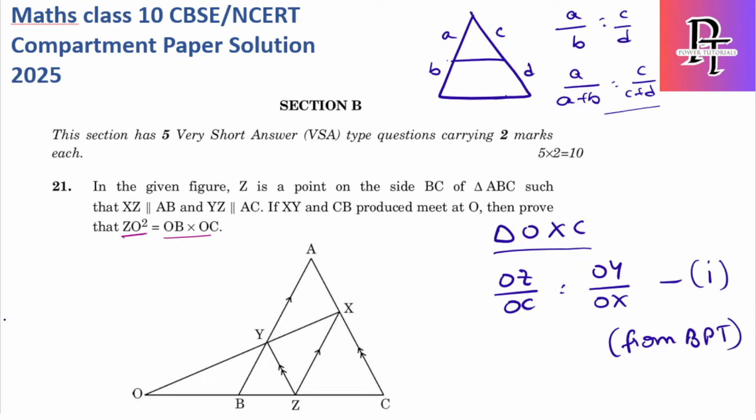Same way, if you consider the other triangle, which is again OXC only, but here we have to consider this as one parallel line. We have considered this, we have written OZ by OC. Now consider this as a parallel line and consider this triangle OXZ.